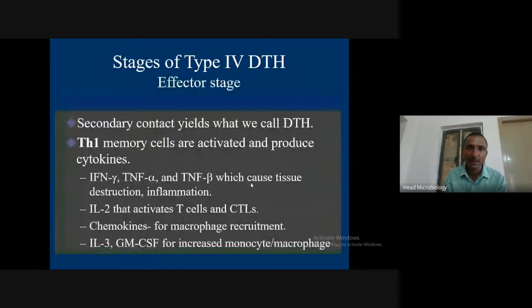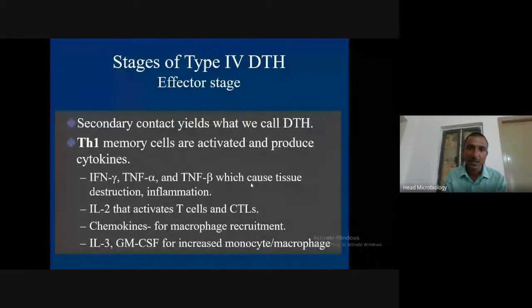In the effector stage of type 4 hypersensitivity, secondary contact yields what we call DTH, delayed-type hypersensitivity. Secondary contact means sexual contact, blood transfer from one person to another, and skin contact.